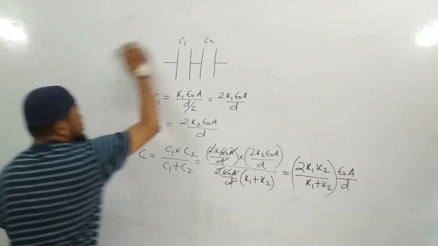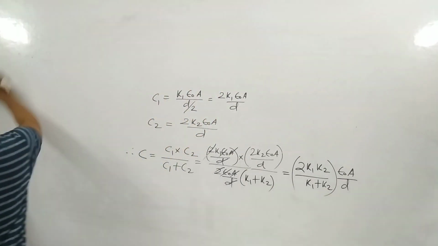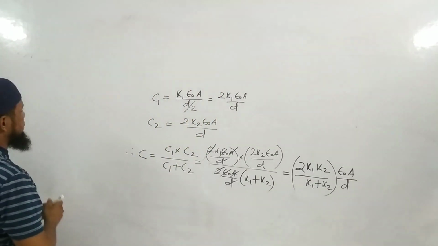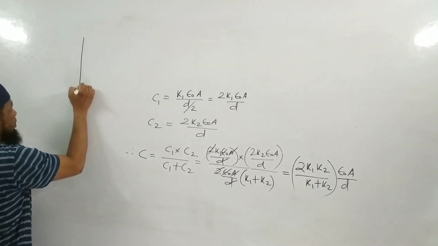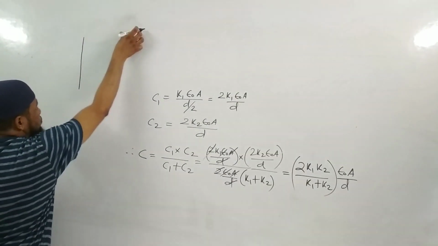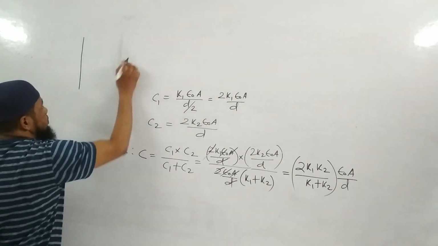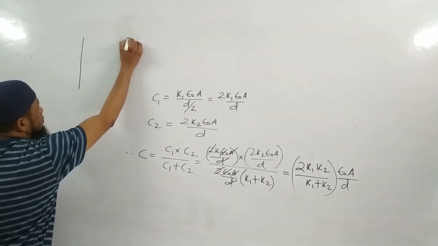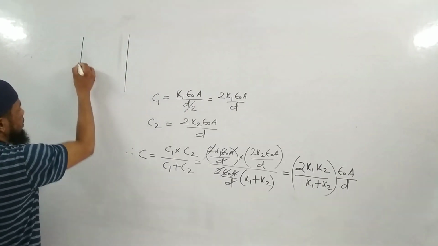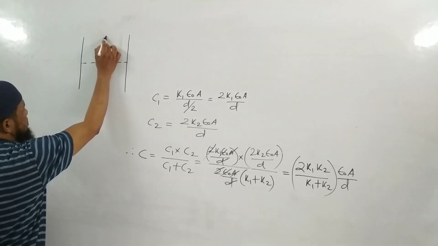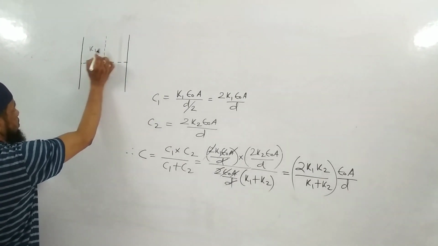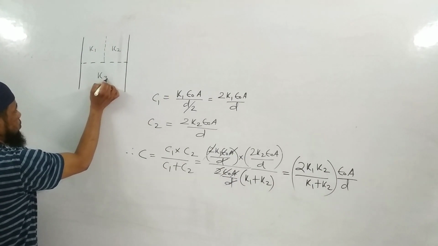Similarly, if you replace the medium in between, if instead of 2, we use 3 dielectrics like this, this is K1, this is K2, this is K3.